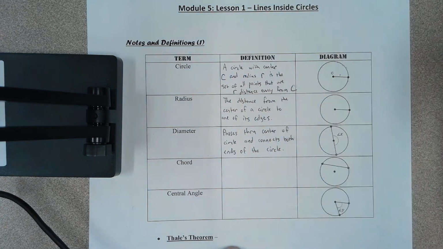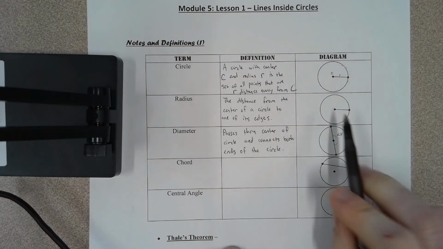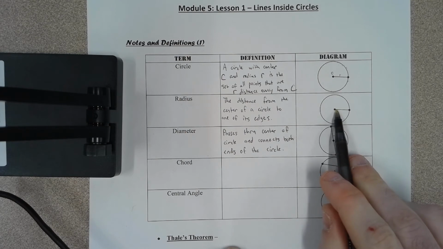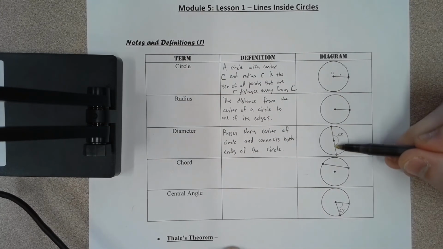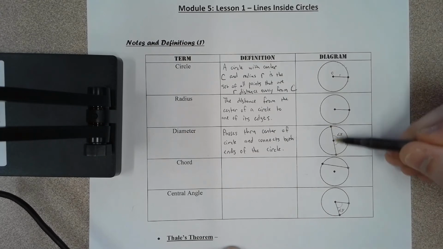So, long story short, your radius, you start from the center and you go to the edge. Your diameter, it has to pass through the center right here, but you're going from edge to edge.